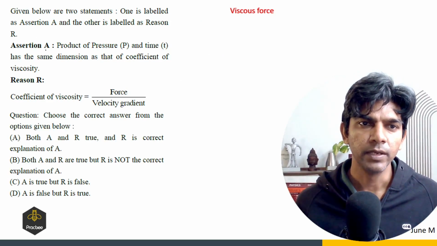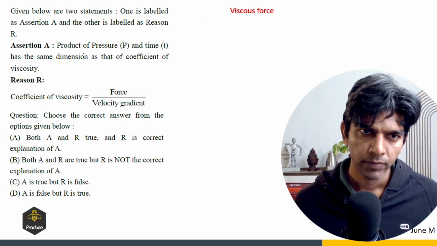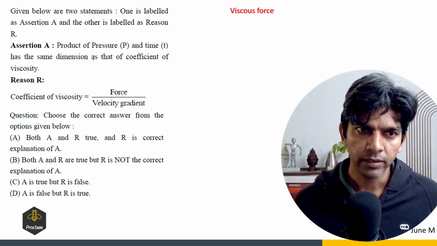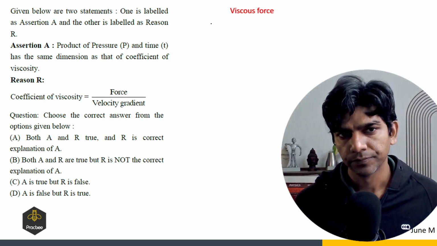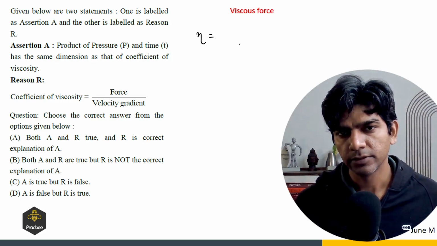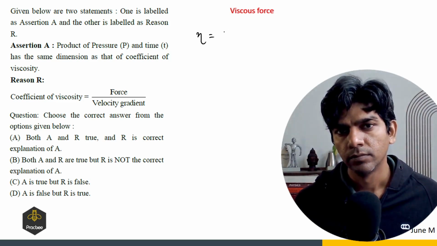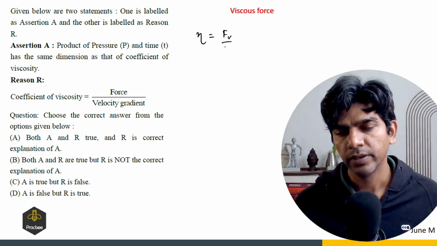Let us see this question. So assertion is given as product of pressure and time has the same dimension as that of the coefficient of viscosity. So here eta is Fv divided by A dV by dx.